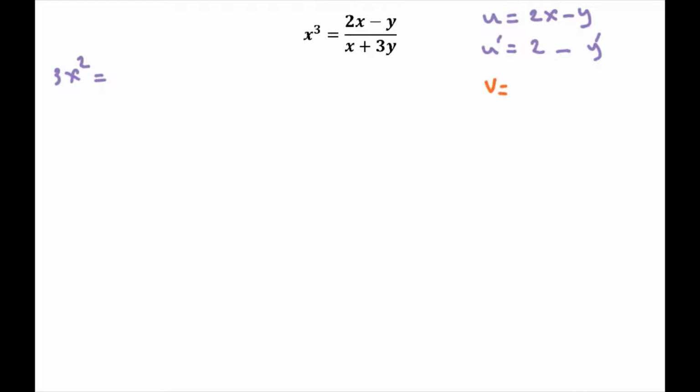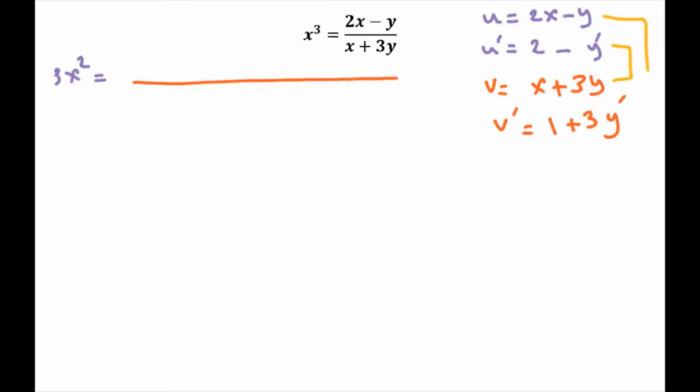v equals x plus 3y. v prime equals, the derivative of x is 1. The derivative of 3y is positive 3y prime, or dy over dx. So now the derivative here will be u prime v minus u v prime over v squared.